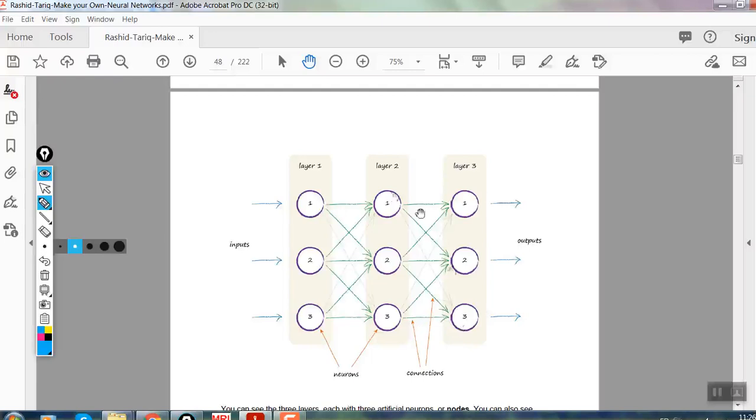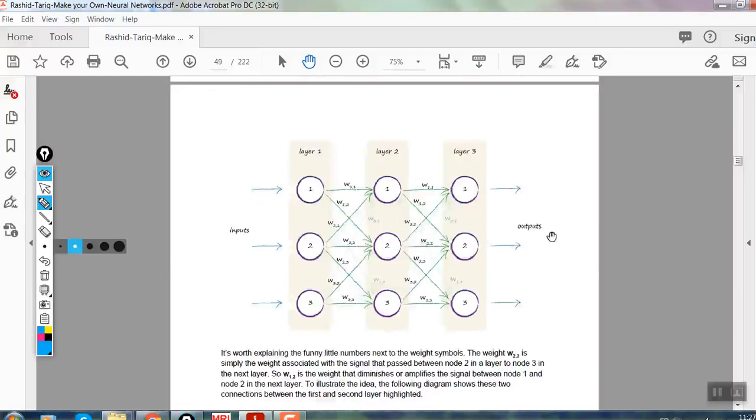In fact, all the connections are not the same. For example, maybe this neuron affects neuron 1 in layer 2 more compared to neuron 2 in layer 2. Then how can we represent these properties?